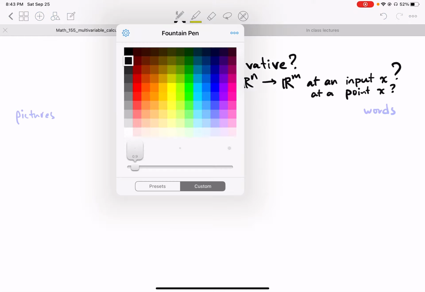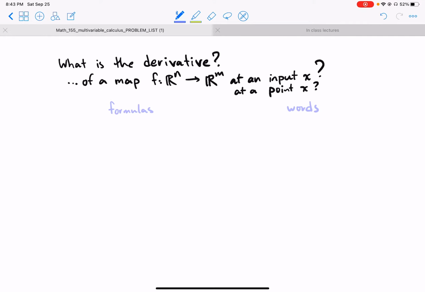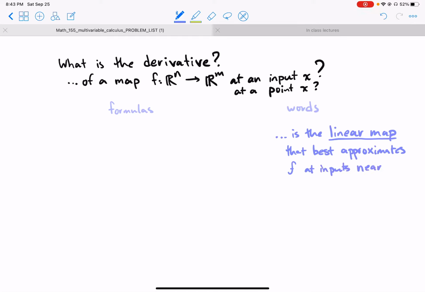Okay, so actually, first it's maybe easiest to say it in words. The derivative is the linear map. It is the linear map, that's the most important part, that best approximates f at inputs nearby x.